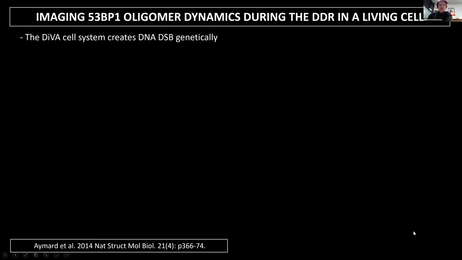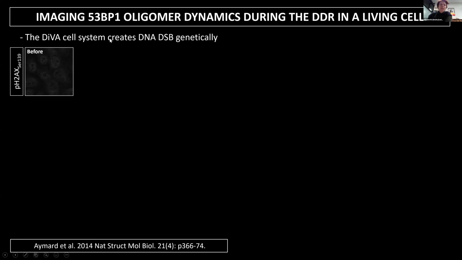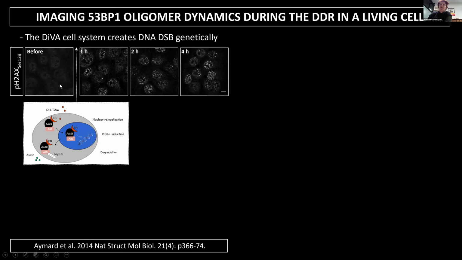So here's the genetically inducible double-strand break system. It's called DIVA, and essentially what happens is you have this U2OS cell line, which is a human cell line, and we can label how many double-strand break sites there are endogenously by immunofluorescence against H2AX.